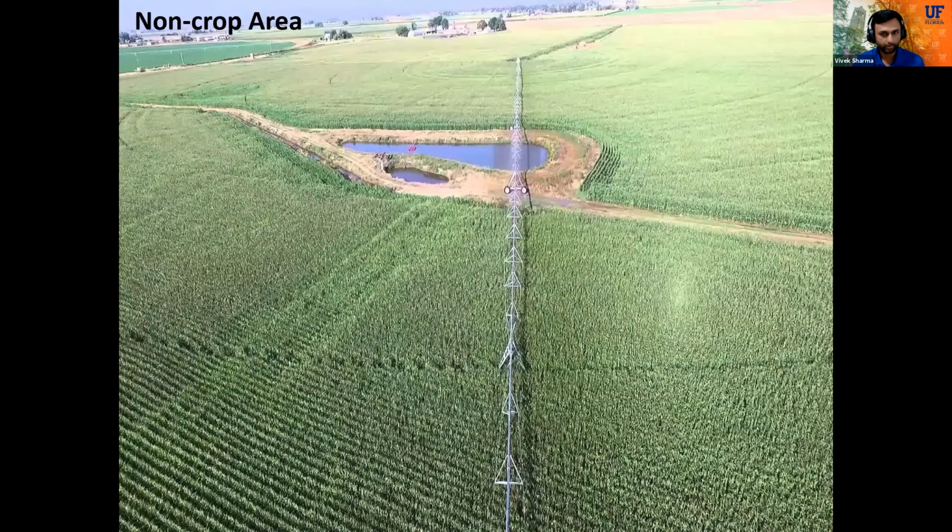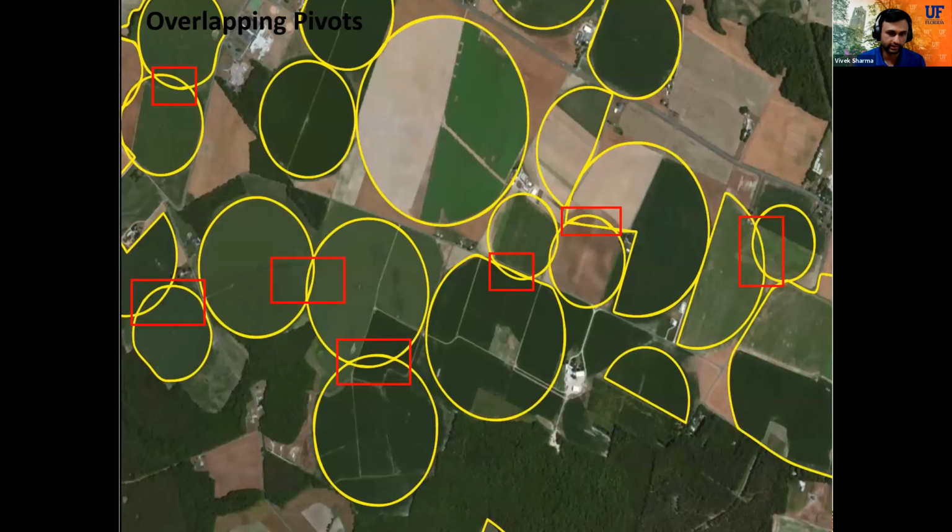Other is the non-crop area. For example, if you have a ditch running through the field, or if there is a pond in the middle of the field under the sprinkler irrigation system, the variable rate irrigation system allows us to switch off the nozzles when that area comes in, so that we can irrigate the rest of the crop as usual. Another one is the overlapping pivots.